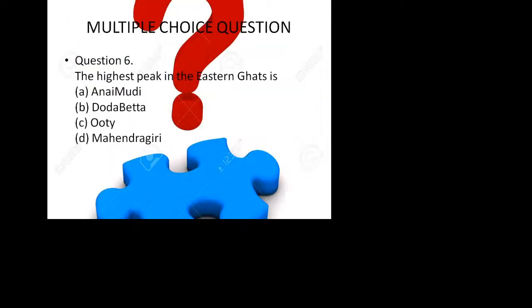Now let's move to the other question. The highest peak in the Eastern Ghats is option A, Anaimudi, Doda Beta, Ooty or Mahendra Giri.